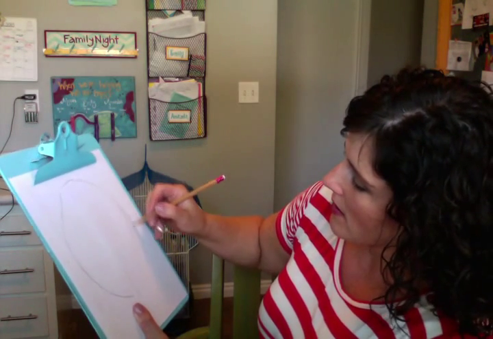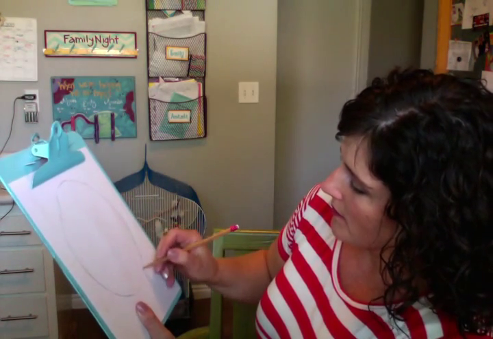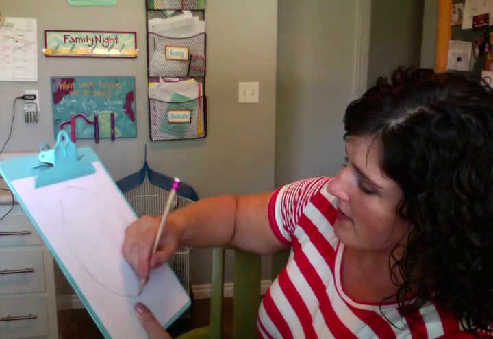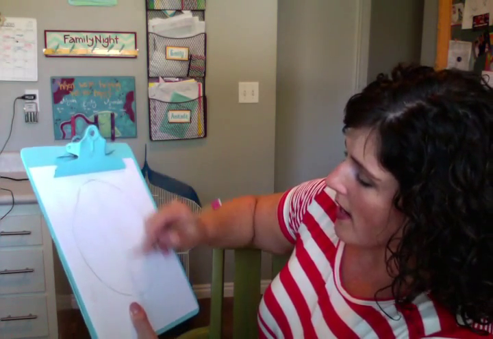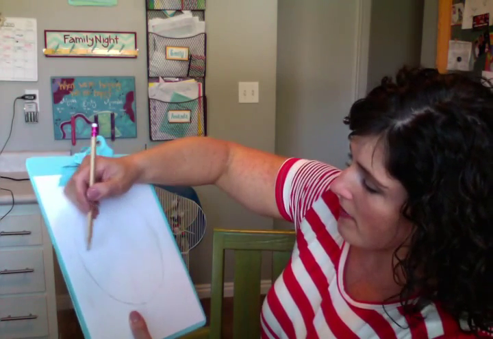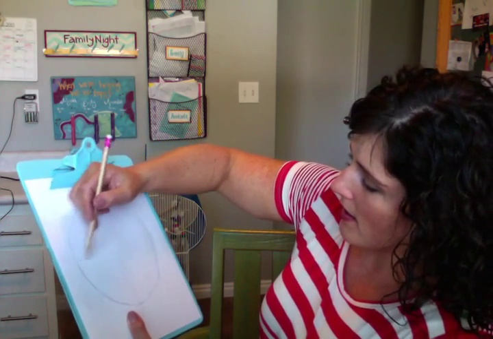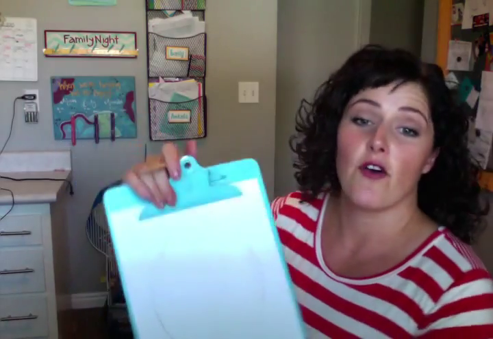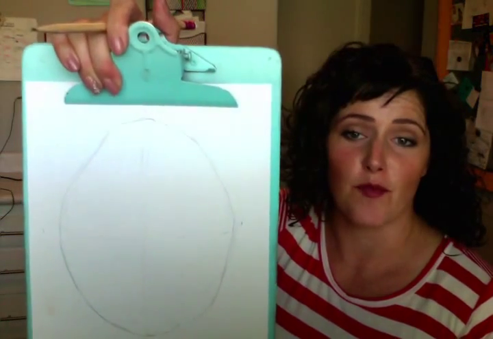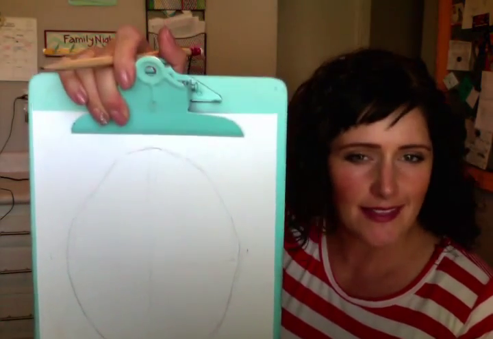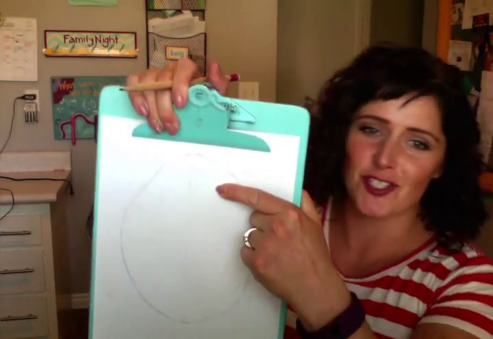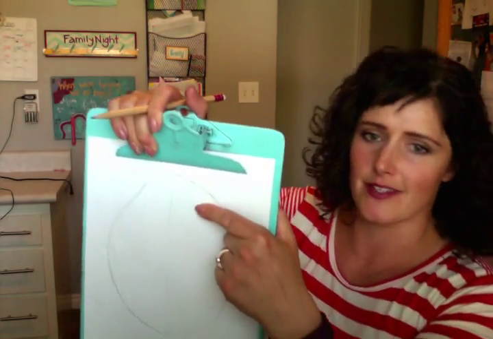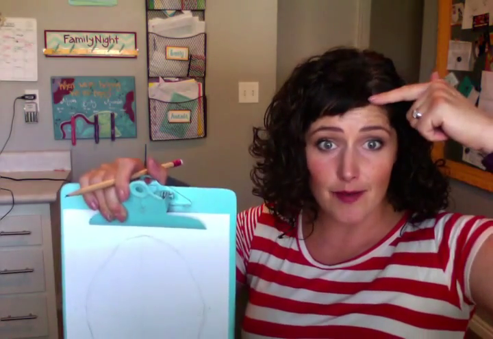Sorry if not. Now that I have this line in, I'm going to lightly put a line down the middle to divide it in half and then in half again. A lot of times when I'm working with kids, I'll say, where do you think the eyes should go? Should the eyes go up here? We'll joke, because a lot of kids put their eyes at the top of the head, but are my eyes up here?